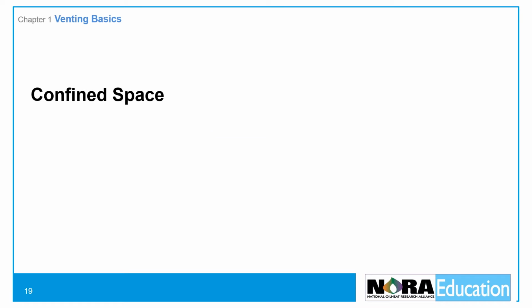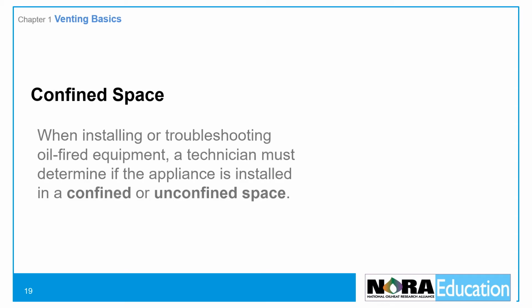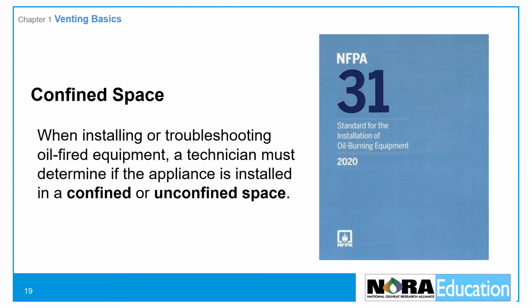This next section describes confined versus unconfined spaces. When installing new equipment or troubleshooting existing equipment, a determination needs to be made whether the equipment is installed in a confined or unconfined space as defined by NFPA 31.